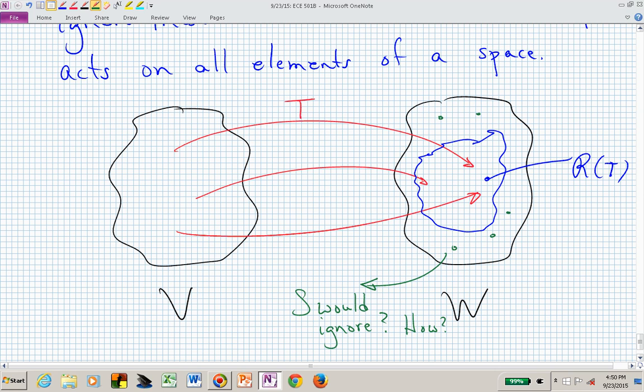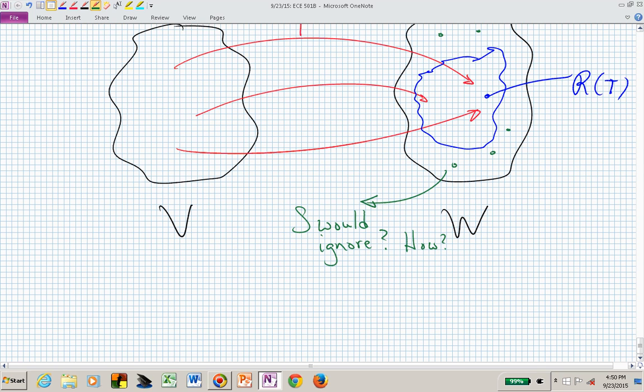And how would you do that? That's why it has to be a surjective map.